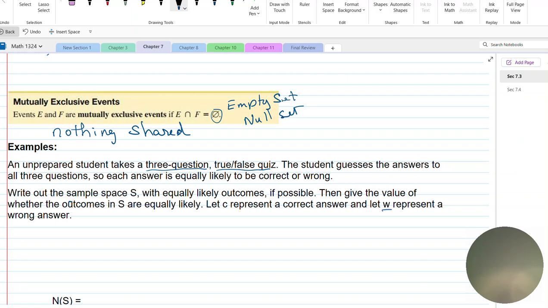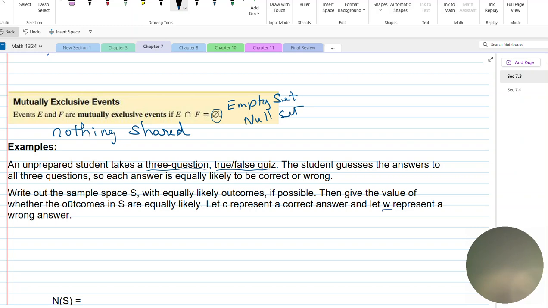So there are only 2 outputs, correct or wrong. Write out the sample space with equally likely outcomes if possible. Let C represent correct and W represent wrong.